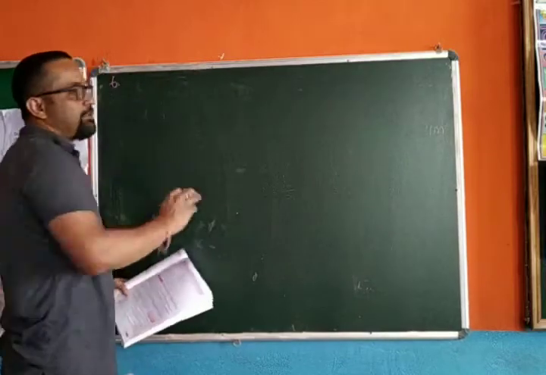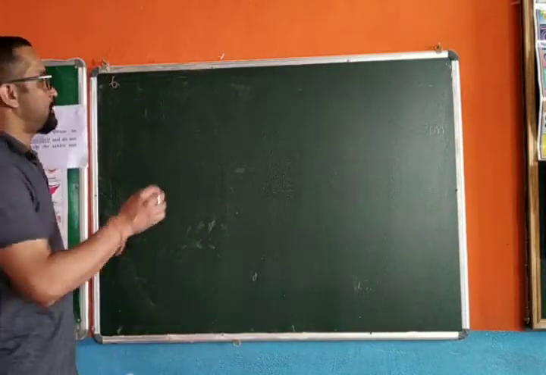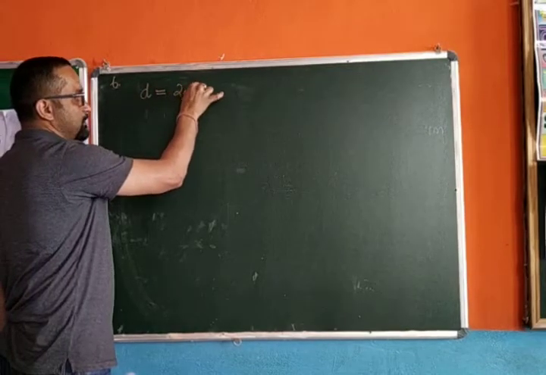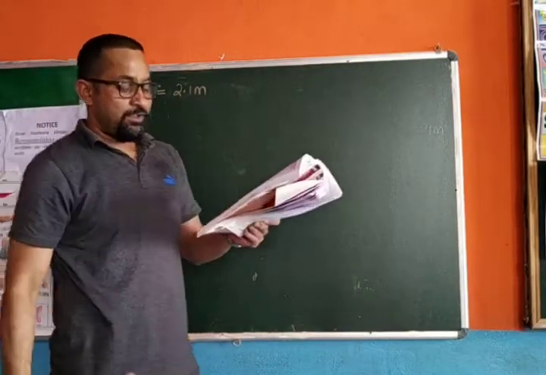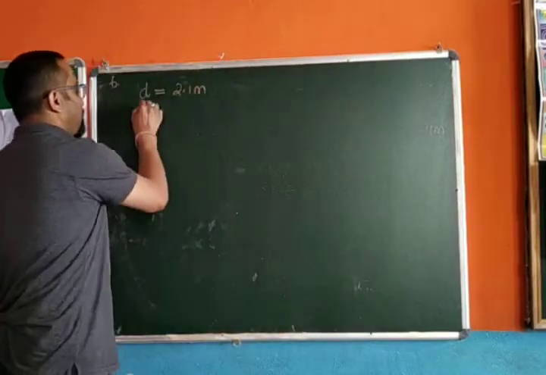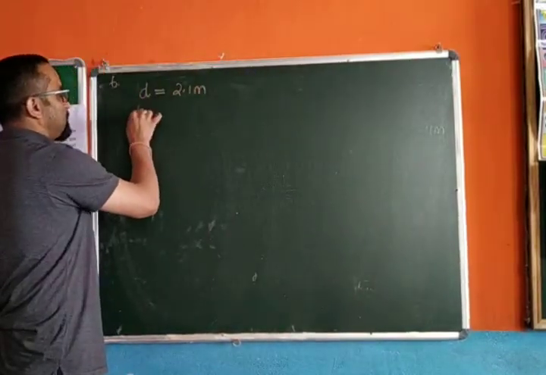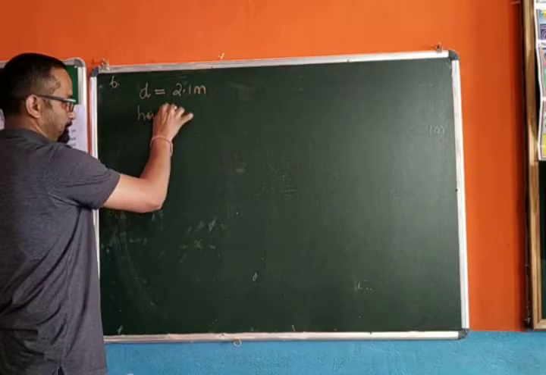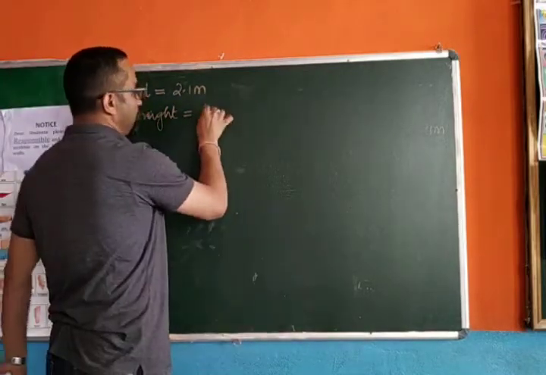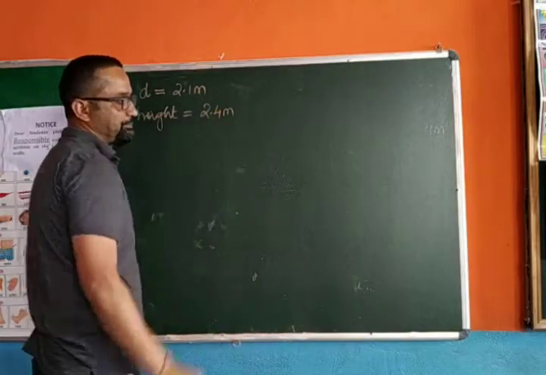I'm changing the value, I can write the diameter as 2.1 meter. And its width is 1.2 meter. Width means height. It is 1.2 meters, so let's do 2.4 meter.